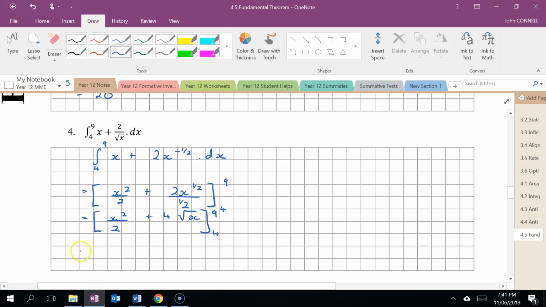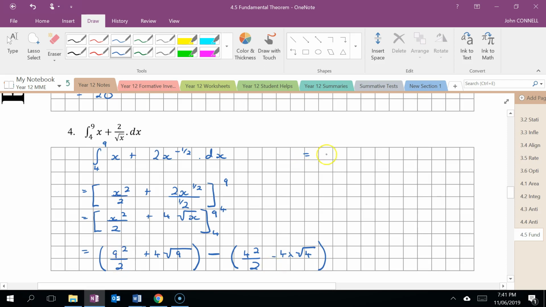Now, when we actually calculate the endpoints, it's really important to put brackets, or else you can get yourselves into all sorts of trouble. So this will be 9 squared over 2 plus 4 times the square root of 9. Close that bracket, put a subtract, open a new bracket for the other endpoint. So 4 squared on 2, plus 4 times the square root of 4, close off that bracket. Because I partition things into nice brackets, it's going to help me get it right.